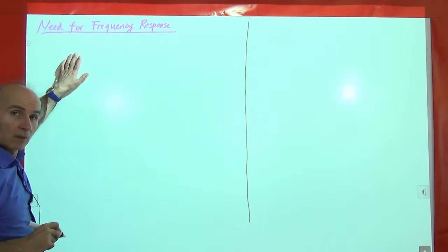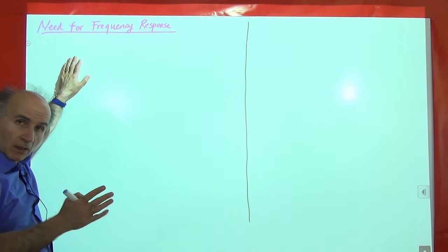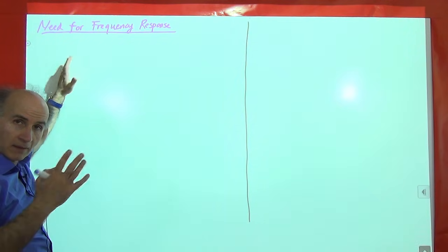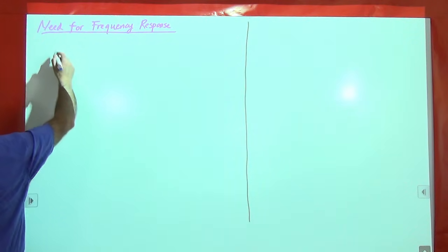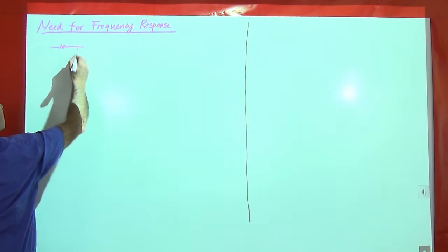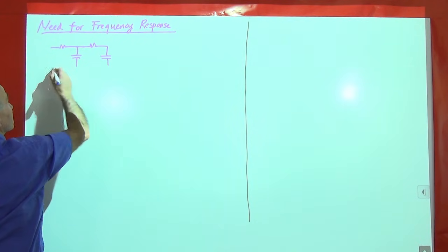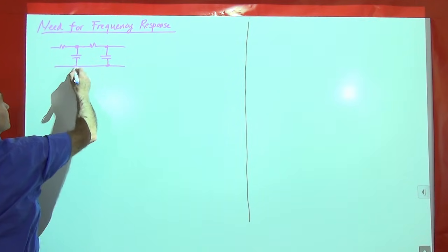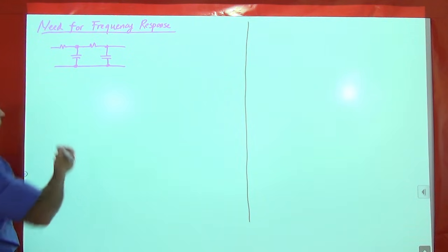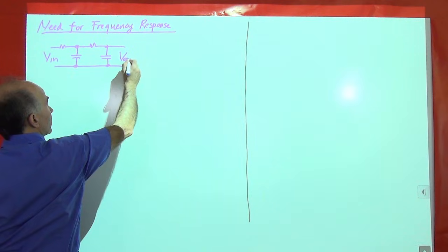Okay? All right. Well, for that very simple RC circuit, it seems that the time domain analysis is fine. There's no particular problem. But what if I have something like this? Okay, so you can think of this as V in and this as V out, etc.